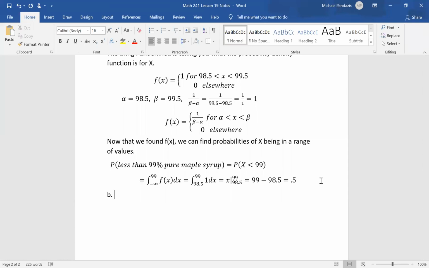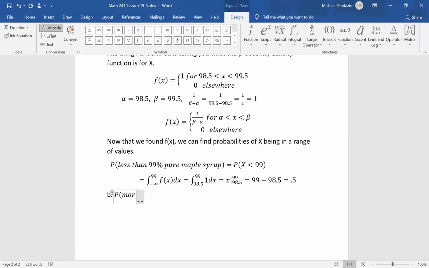B, the probability of more than 99.4% pure maple syrup is equal to the probability that capital X is strictly greater than 99.4.